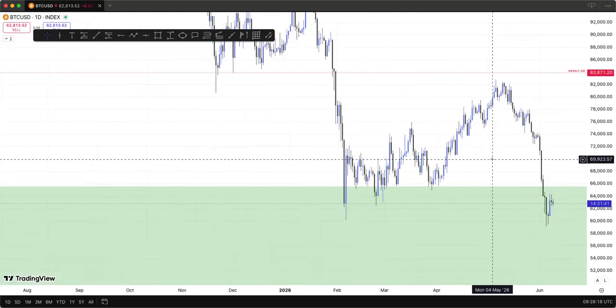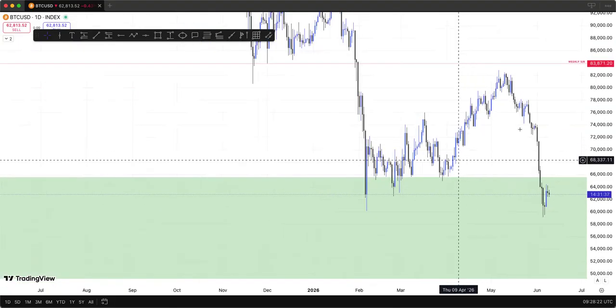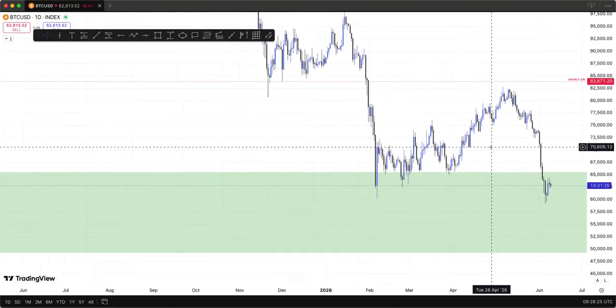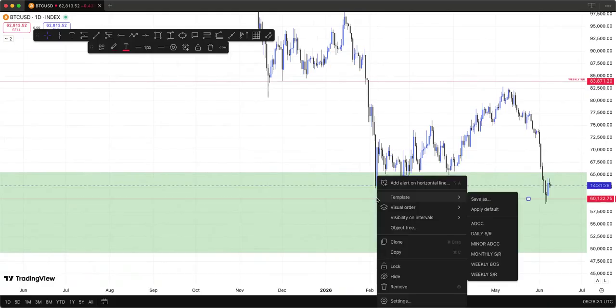So on the daily time frame, this low is now getting invalidated. This low, it still hasn't been invalidated yet.